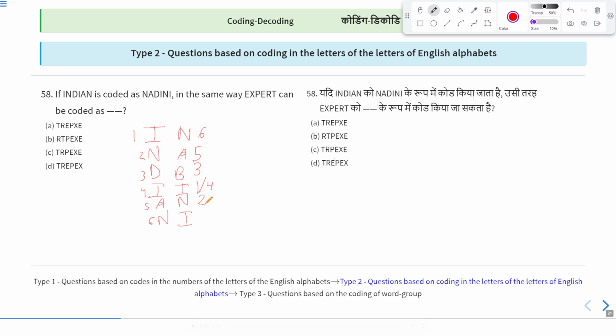N is 2, and this one is again 1, 4. Then EXPERT, which will become, so let's take this to be 4.